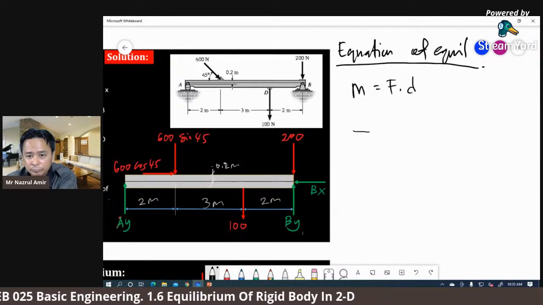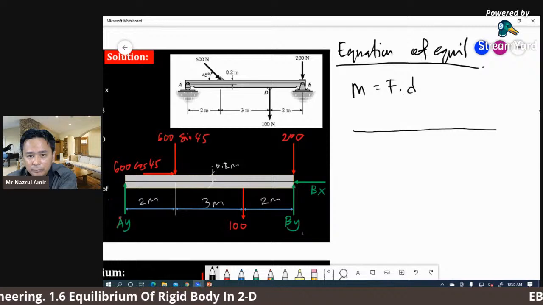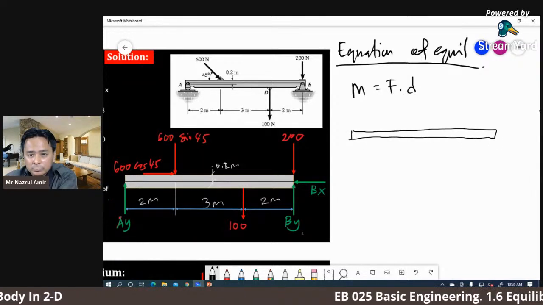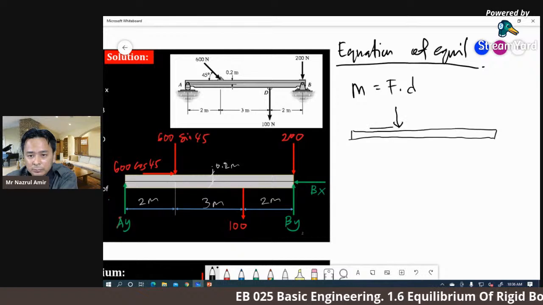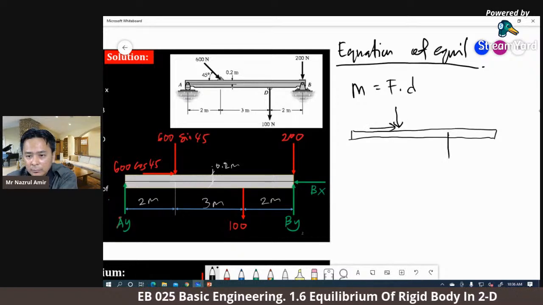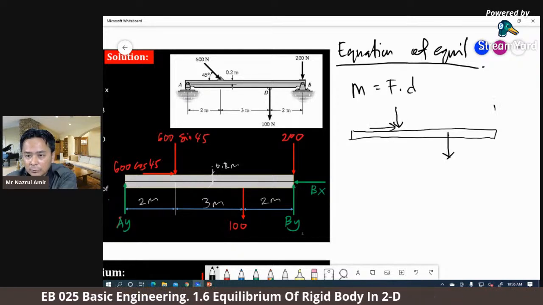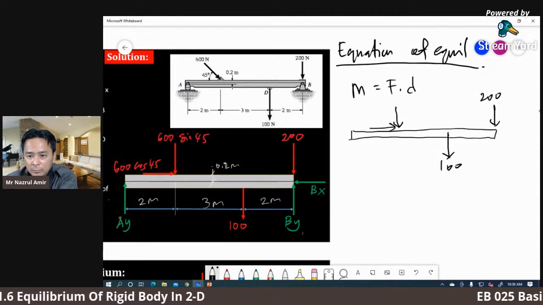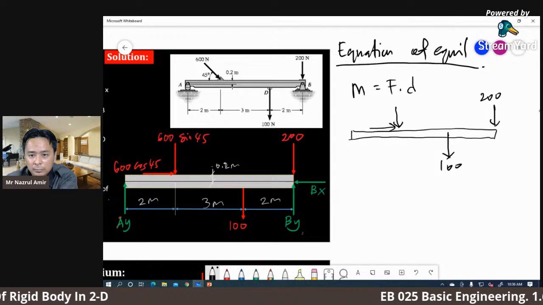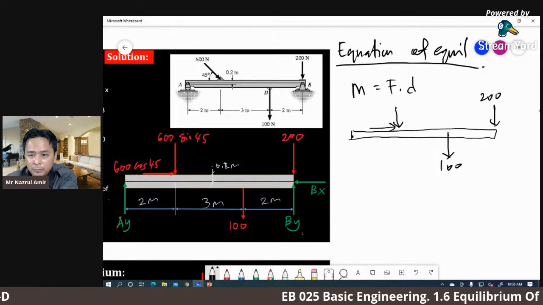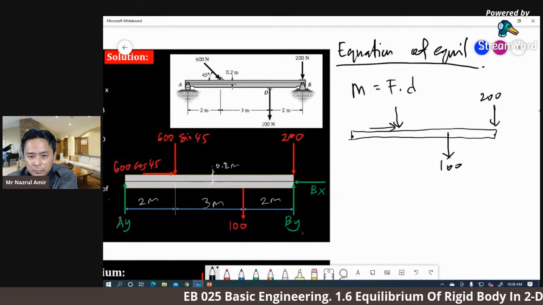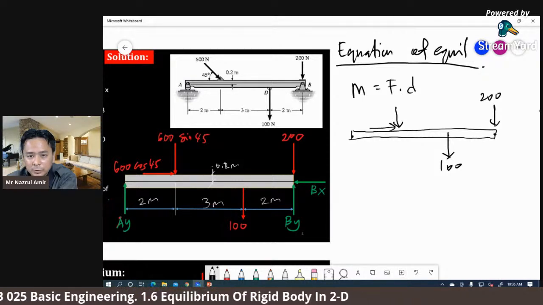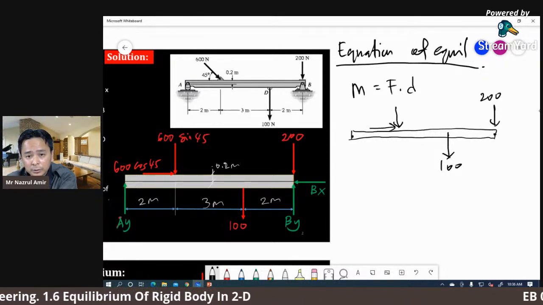So here, you have 4 applied forces, and you have 2 critical points where the supporter is attached to the body.